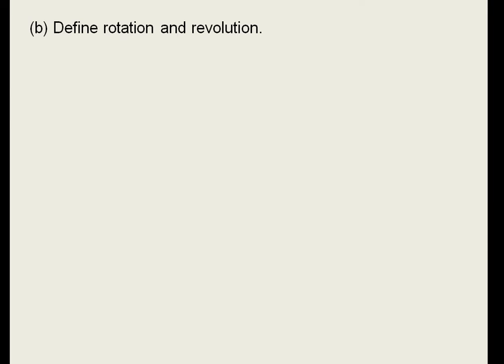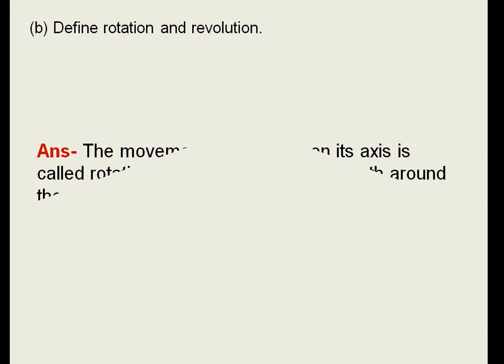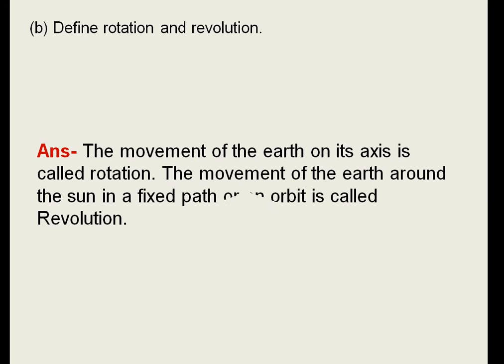Next, differentiate between rotation and revolution. Let's check out the answer. The movement of the earth on its axis is called rotation, and the movement of the earth around the sun in a fixed path or an orbit is called revolution.